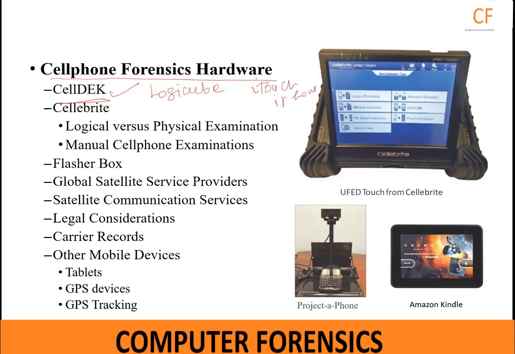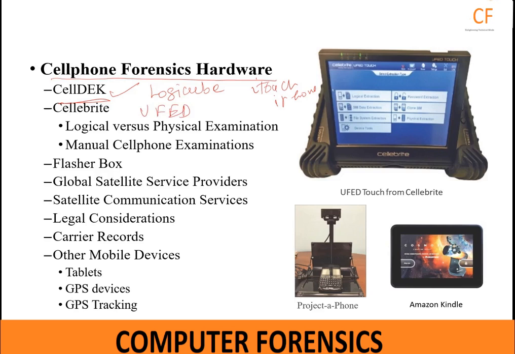Cellebrite Universal Forensics Extraction Device. UFED is a hardware device that can be used for logical and physical extraction from cell phones and GPS devices. UFED is very well regarded in the industry, and many law enforcement computer forensics laboratories have the device.